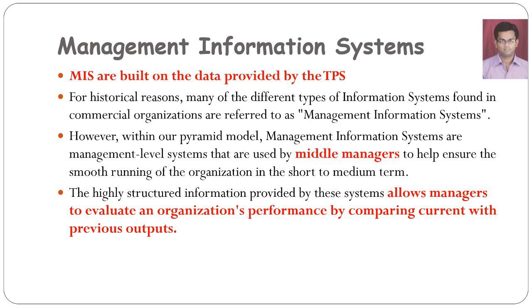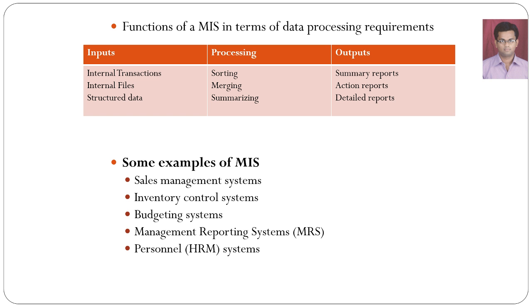The highly structured information provided by these systems allows managers to evaluate an organization's performance by comparing current with previous outputs. Functions of MIS in terms of data processing requirements are listed in the following table. Typical inputs for MIS are internal transactions, internal files, and structured data.